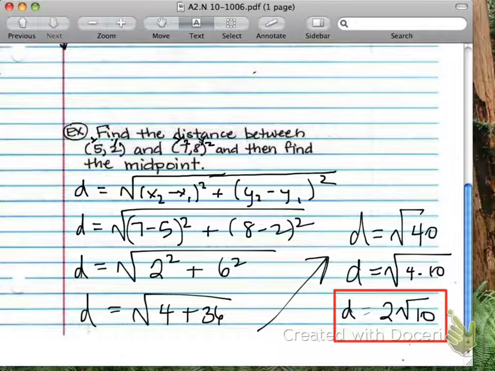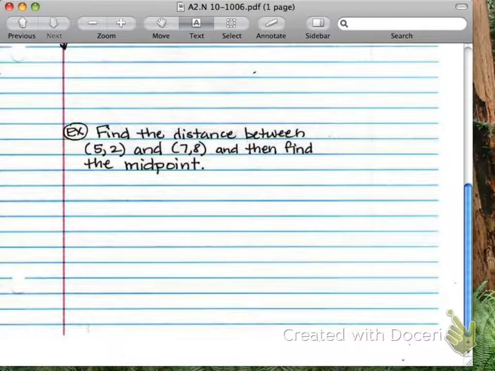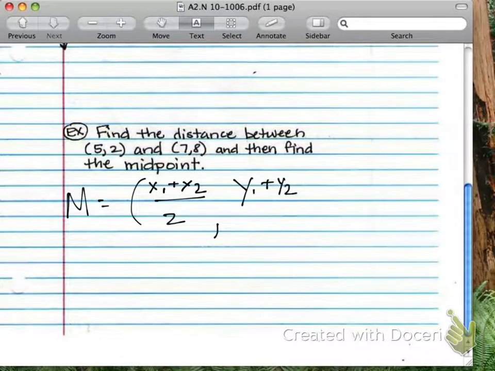That's distance. Now let's find the midpoint very quickly, which is easier because I said so. Okay? So the midpoint is x1 plus x2 over 2, and y1 plus y2 over 2.